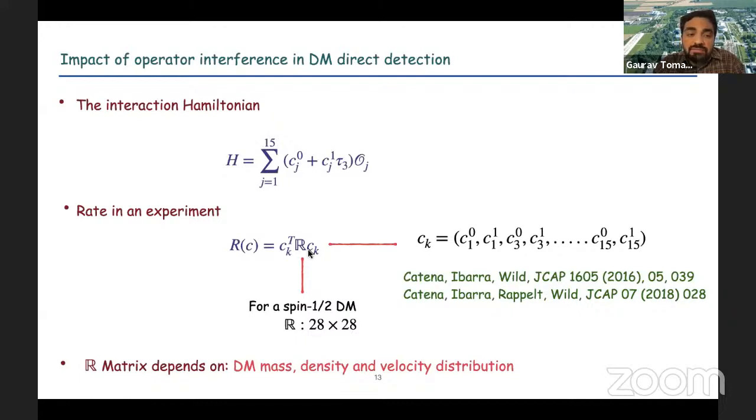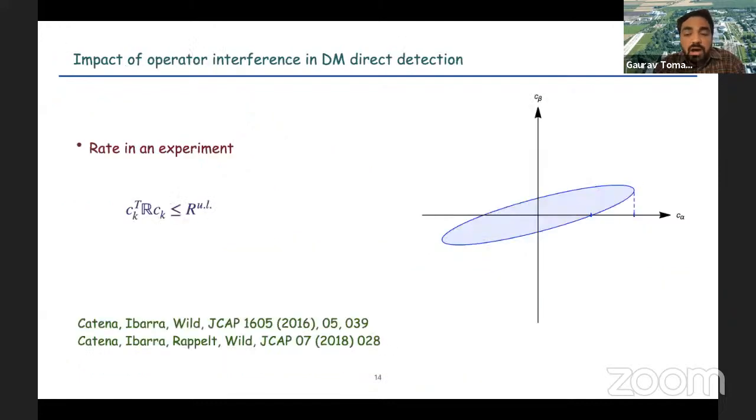And now you have these matrices, you compare your rate with some upper bound, let's say at 90% confidence level, whatever you observe, depending upon that. And this is nothing but an ellipse equation. If you consider your couplings in a 2-dimensional space, this equation will give you an ellipse.